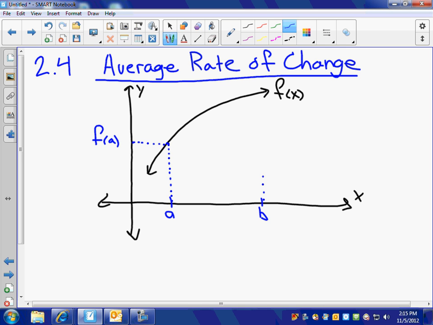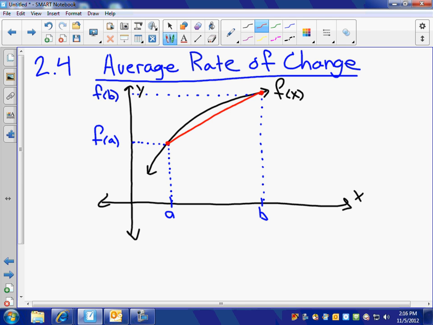So what would my y value there be? F of B. And that represents the average rate of change if we were to find the slope. Namely, the slope of this line, we will refer to that later in calculus as the secant line. Secant line touches two spots.